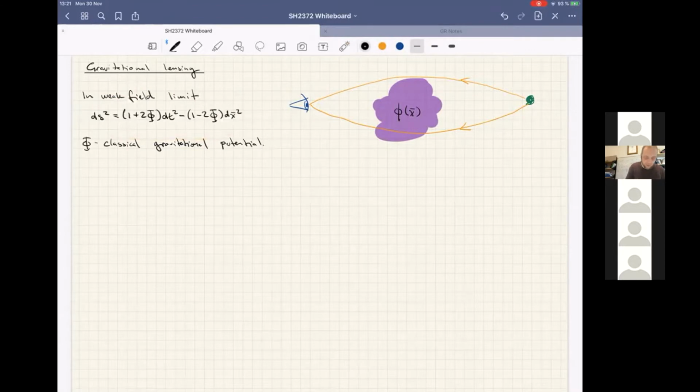And what we do then is that we write down this Lagrangian that we talked about before. It's essentially inserting the tangent vector of the light into the metric. So it's (1 plus 2 phi) t dot squared minus (1 minus 2 phi) x dot squared.